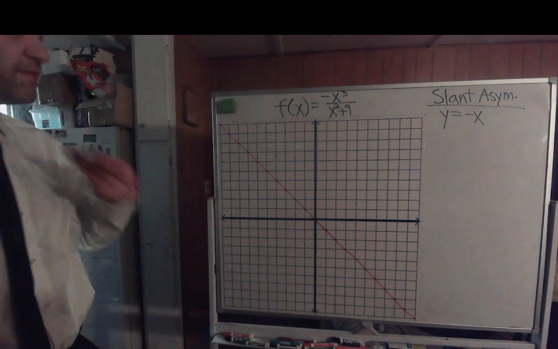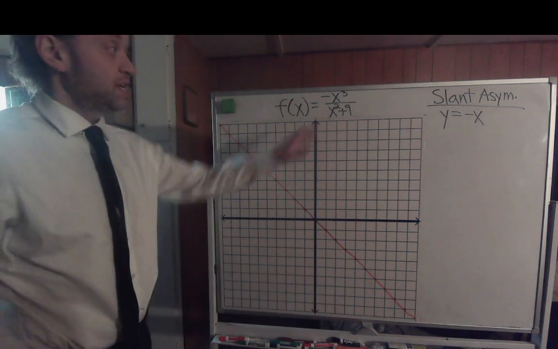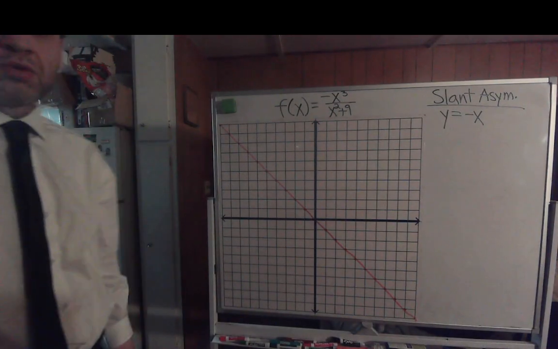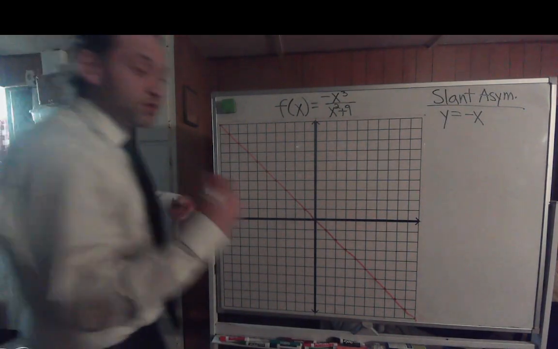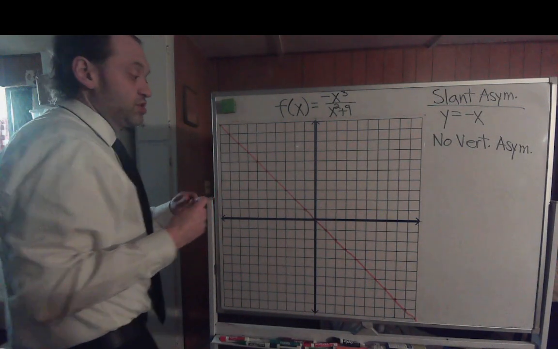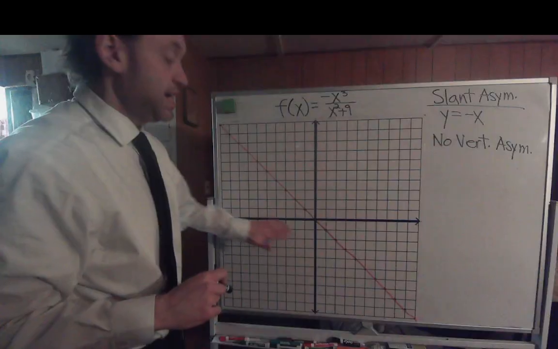Now let's try to find a vertical asymptote. So set that x squared plus 9 equal to 0. Well, you're not going to get any real solutions, right? So we have no vertical asymptote. So we just literally got to work with the slant asymptote.